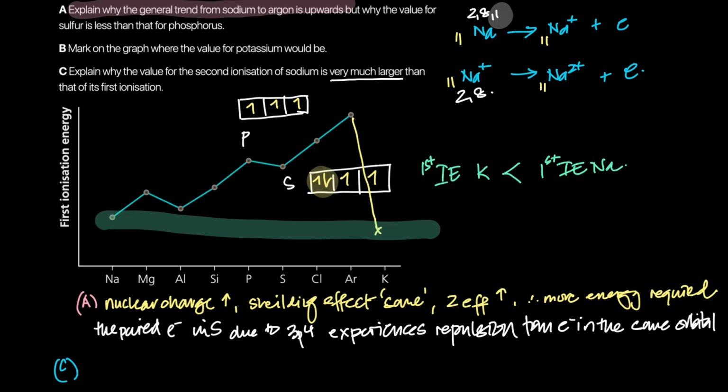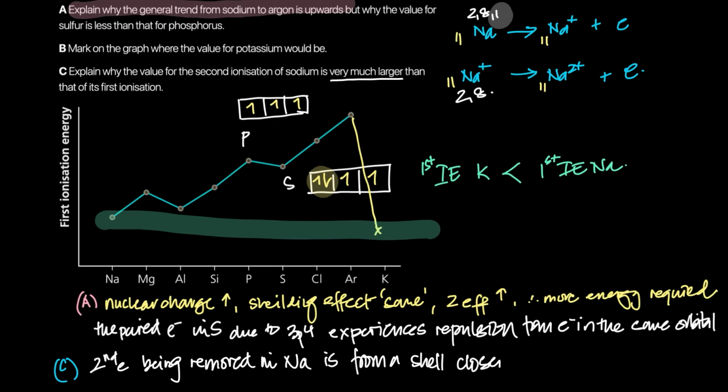On the other hand, for sodium it's very much larger because the second electron being removed in sodium is from a shell closer to the nucleus. Remember, that was the whole idea about energy shells, and being closer to the nucleus requires much more energy.